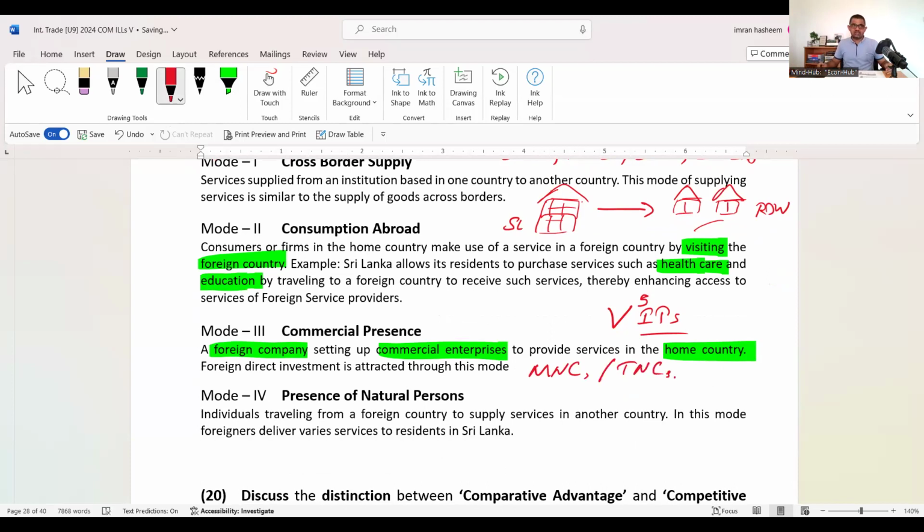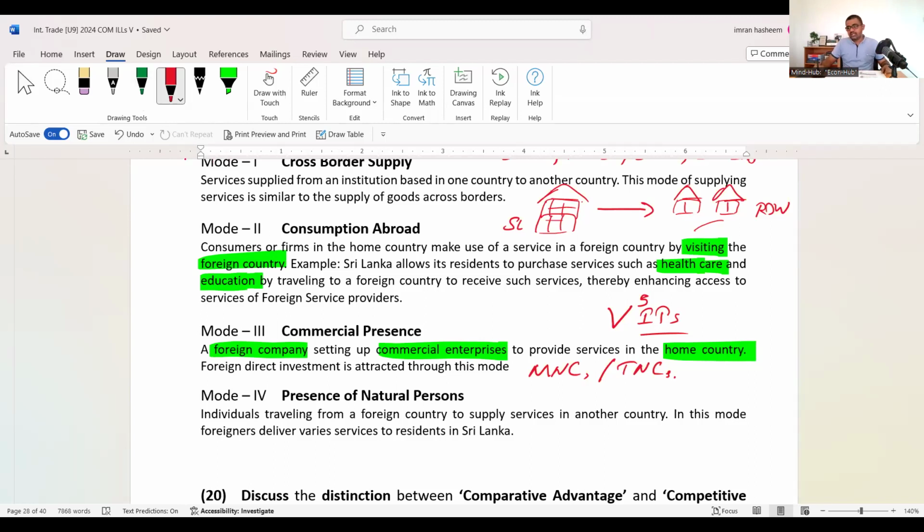These are multinationals in the service sector, not in the manufacturing sector. So the foreign banks we have, the HSBCs, the Standard Chartered, the Citibanks and all that. Then the foreign insurance companies we have in Sri Lanka, all of that comes under MNCs or TNCs, that is commercial presence in Sri Lanka to offer their services.